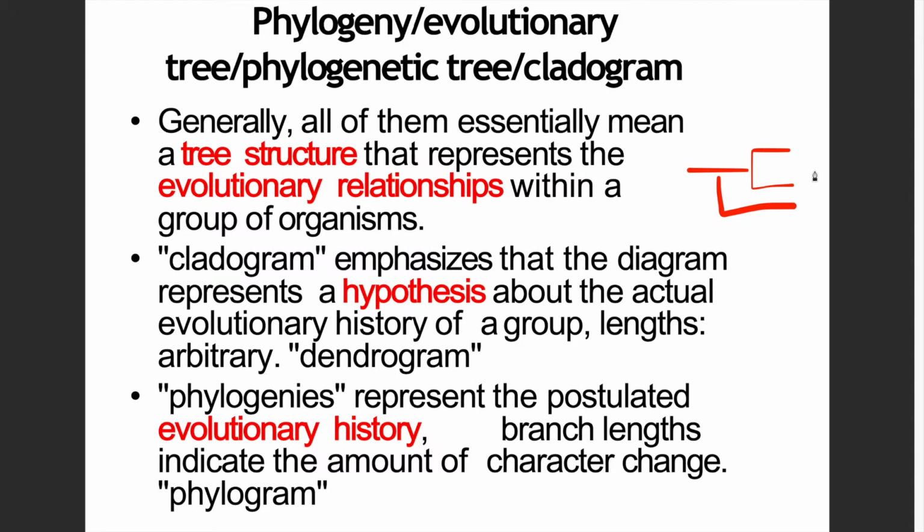All it shows is that these terminal species, so say for example species A, species B, and species C, are assumed to be related. Here, the length of these branches does not mean anything. They are only an arbitrary length.